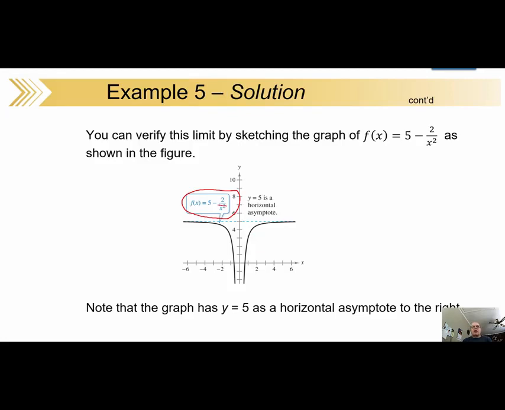Notice from here that you've got x in the denominator, so x can't be 0, so you've got a vertical asymptote at x equals 0, and you've got a horizontal asymptote, which we just found. It won't go as high as 5. It'll get close, but it won't get there, regardless whether you go to positive out here or negative infinity for your x values.